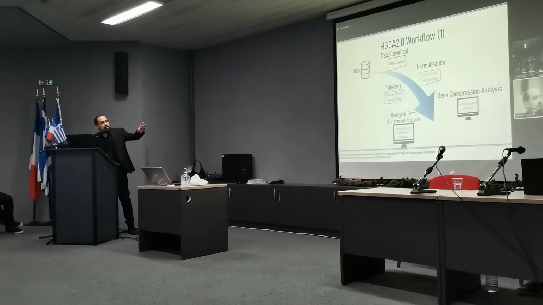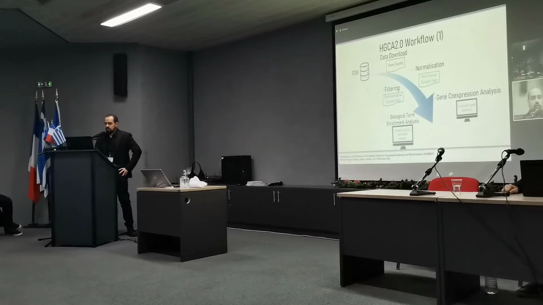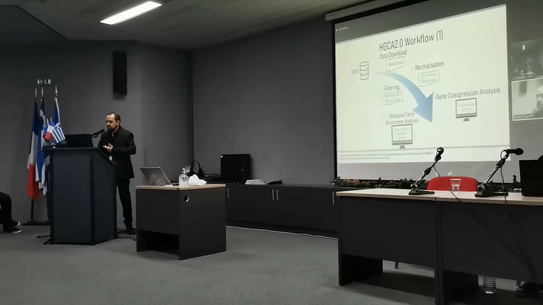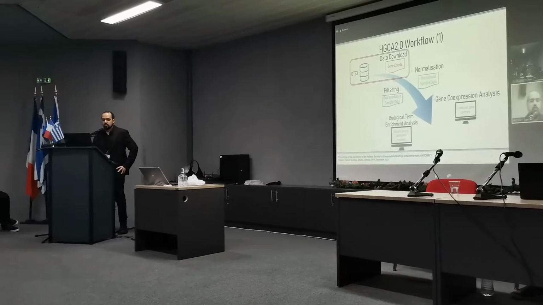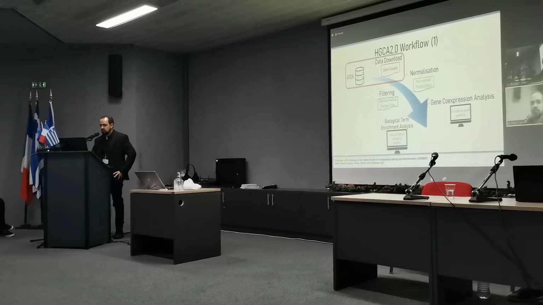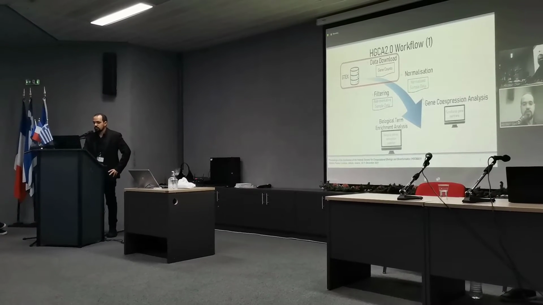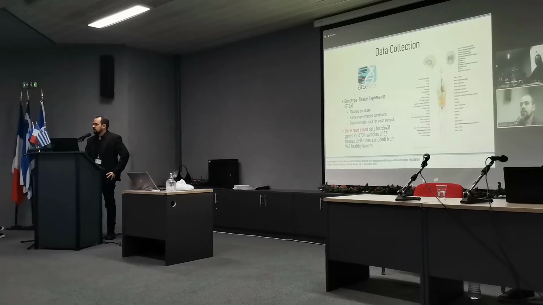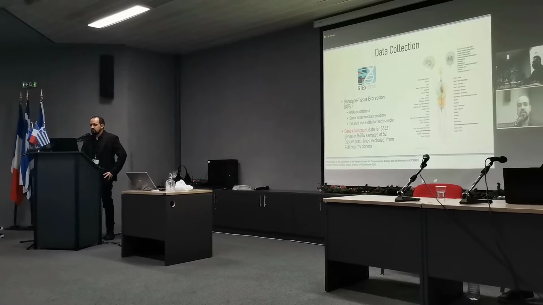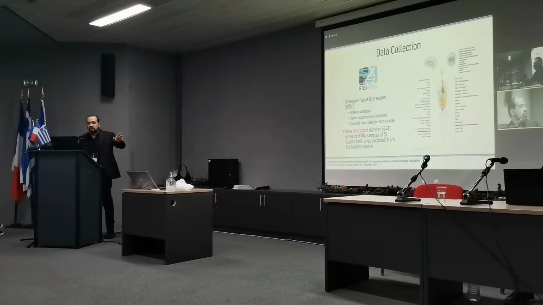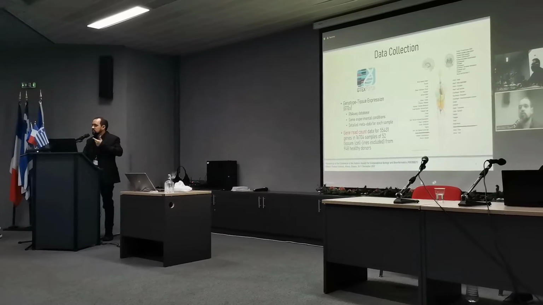So this is the main HGCA2 workflow, and we'll be going through it step by step, and I will be explaining on the way. The first step, of course, was our data acquisition. In this case, we selected the GTEx public repository of RNA-seq data, and the good thing about GTEx is that all the samples are prepared by them using the same experimental conditions and experimental protocols.